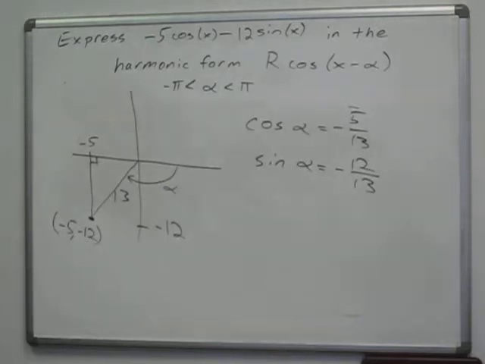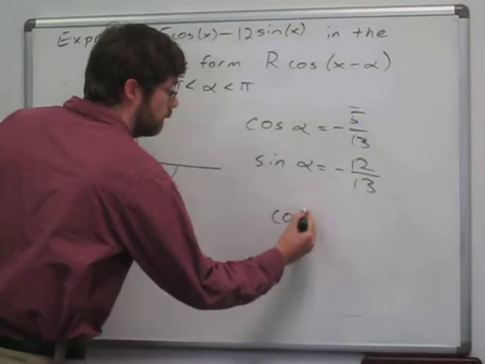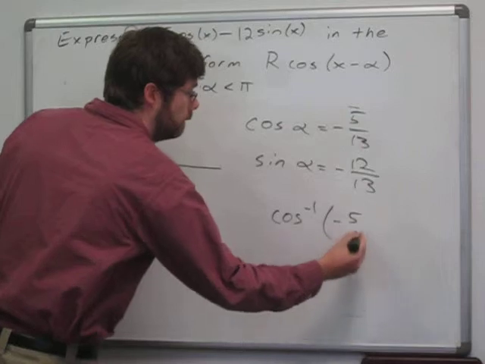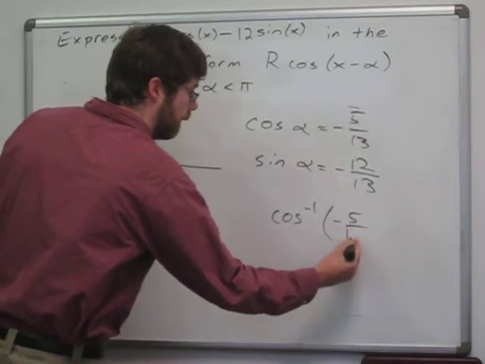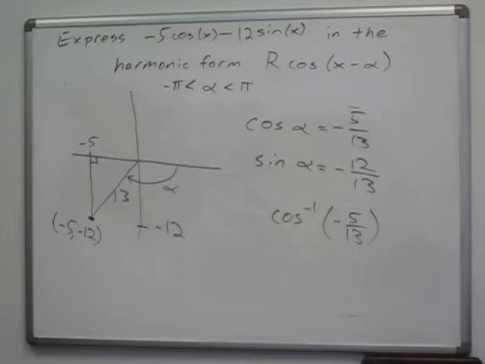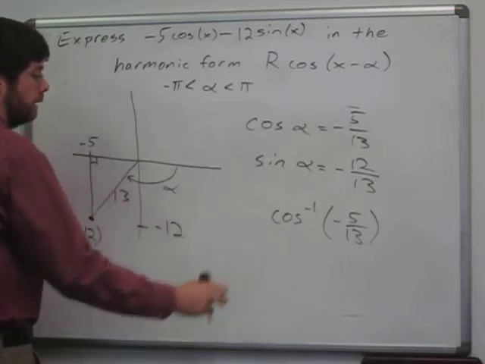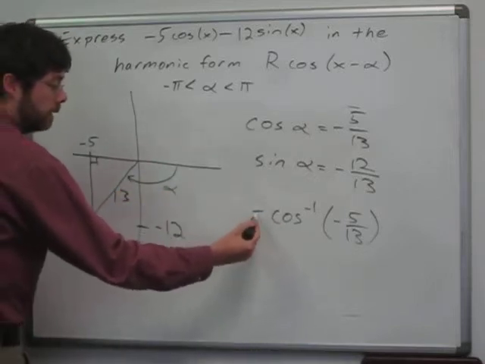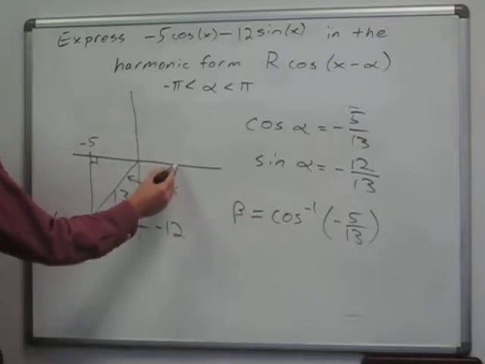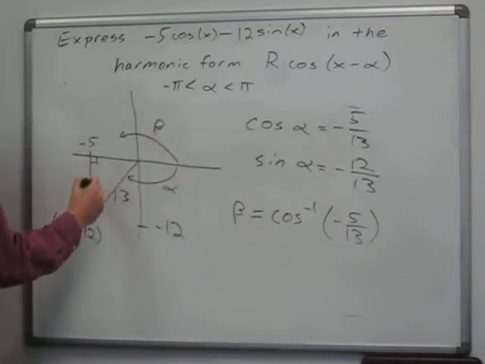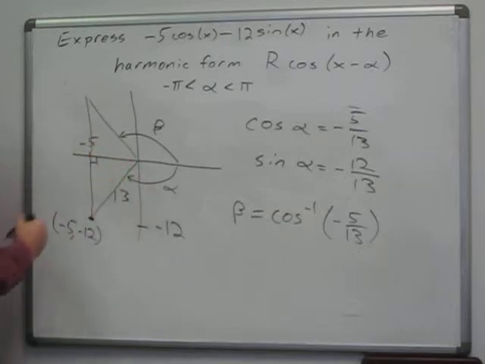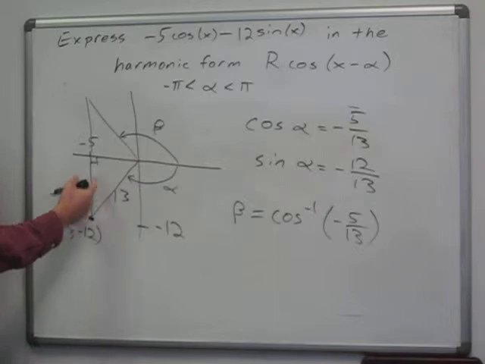So what if I try and do what I did in the previous video? What if I try to use cosine inverse of negative 5 over 13? Well, like we just said, cosine inverse spits out values between 0 and pi. So what this is actually going to do, let's call it beta. Beta is going to give us a positive rotation that gives us the mirror image of what's going on down in quadrant 3.